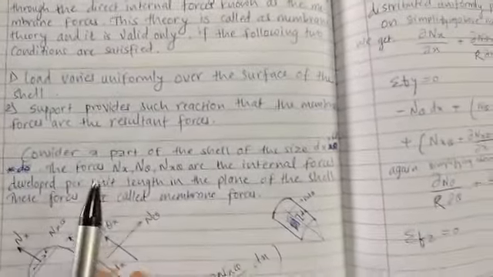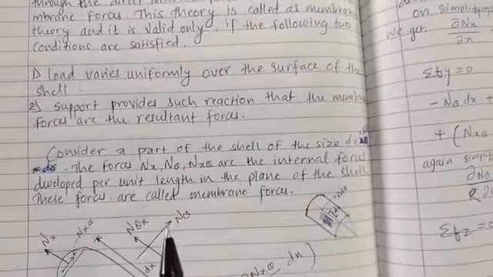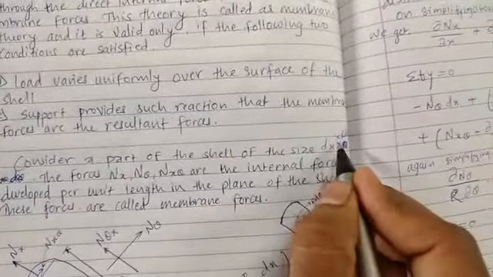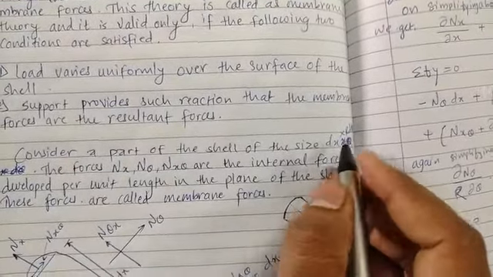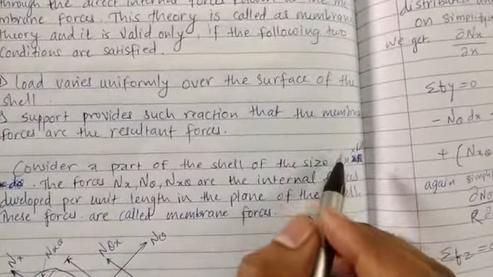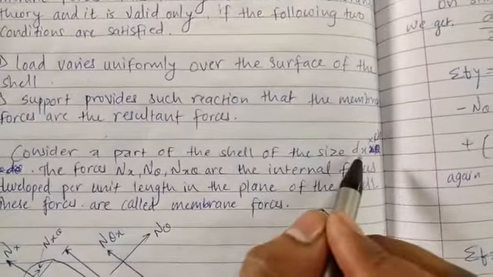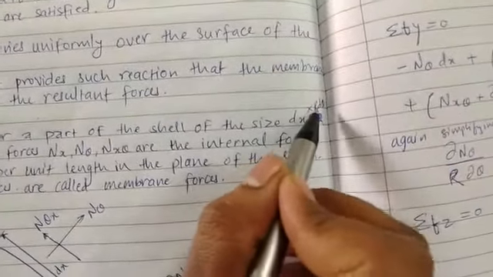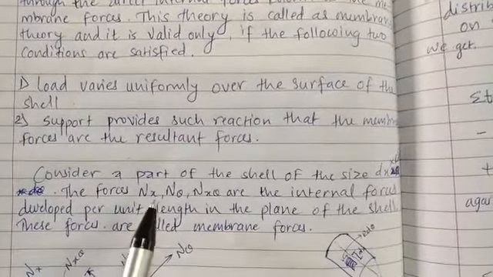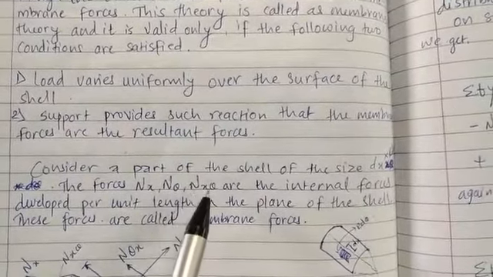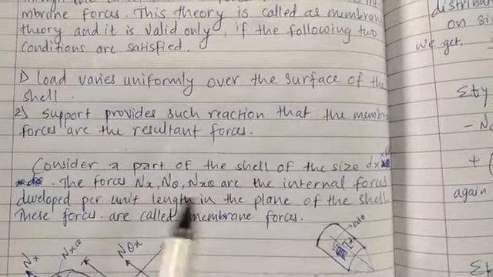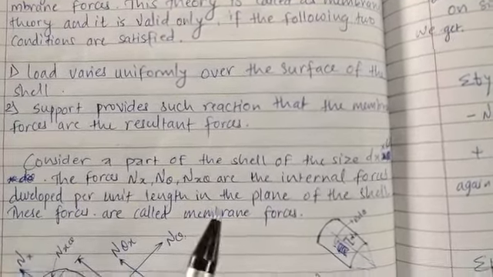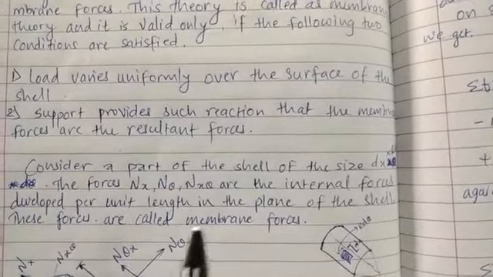Now we'll consider a part of the shell of size dx by r d theta. The forces nx, n theta, nx theta are the internal forces developed per unit length in the plane of the shell.